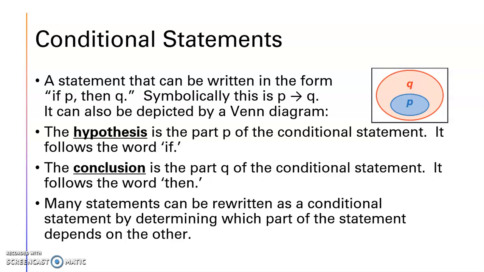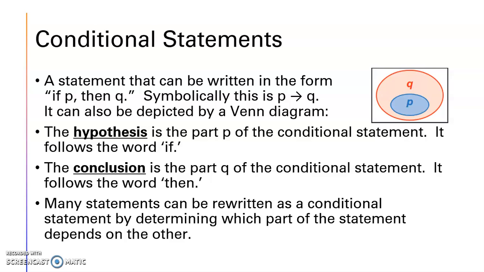So whenever you write a conditional, put those words in there. For example, I could say, when I go to school, I get homework. I can change that into a conditional because there is a condition happening. I have to go to school and then I'm going to receive homework. So if I go to school, then there is homework. And that's how I would write that.